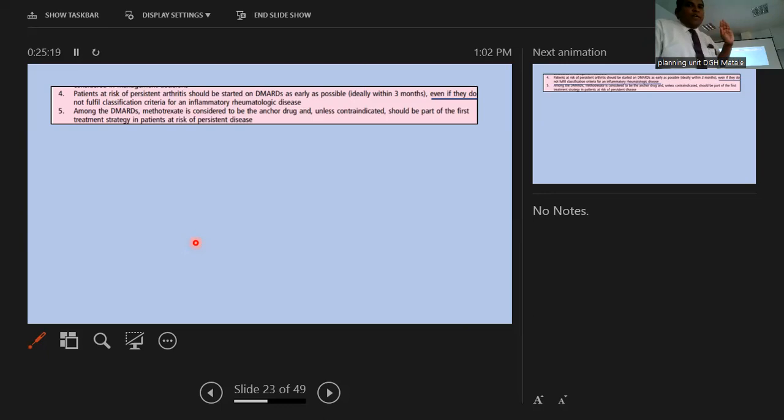Patients at risk of persistent arthritis should be started on DMARDs as early as possible, within 3 months, even if they do not fulfill the classification criteria for rheumatological disease. So what it means is you don't need the patient to fulfill the criteria of rheumatoid arthritis. If there are inflammatory joint symptoms and you demonstrate a persistent synovitis, you start the treatment early.